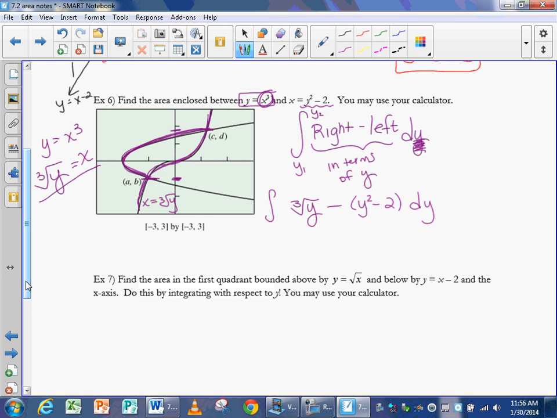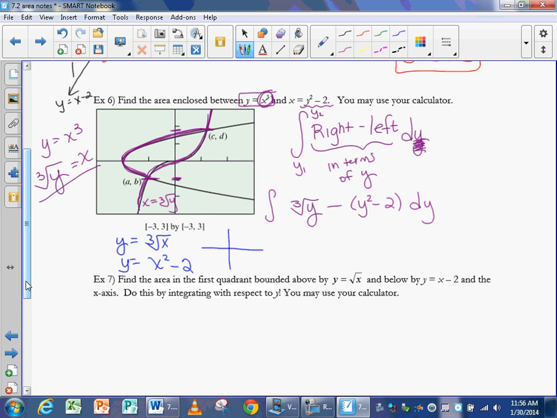And you're probably thinking, well, how am I going to graph it? My calculator only graphs things if they're in y equals form. Well, you know what? Just trick your calculator. In your calculator, graph y equals the cube root of x and y equals x squared minus 2. Figure out where they cross. And that's just going to be where these graphs cross.